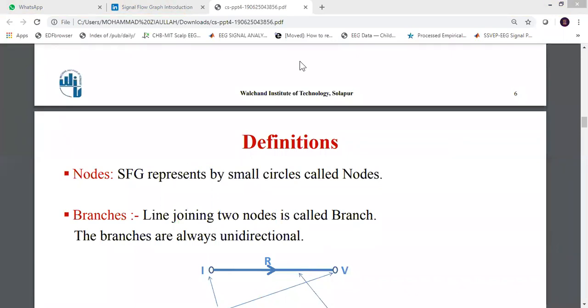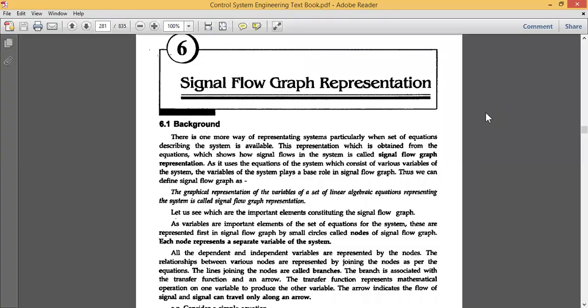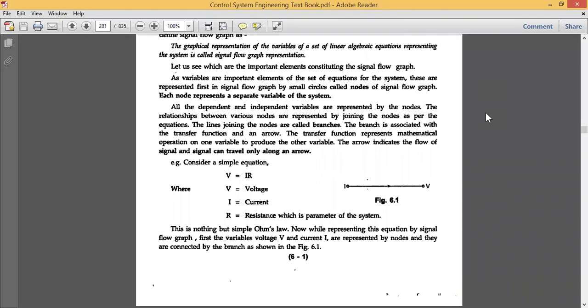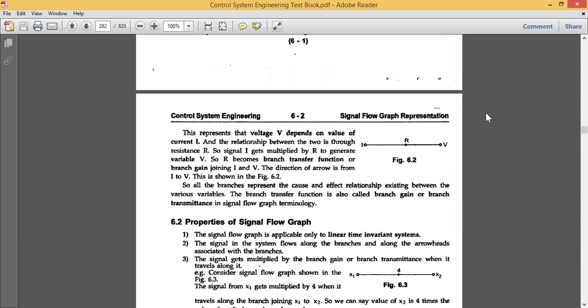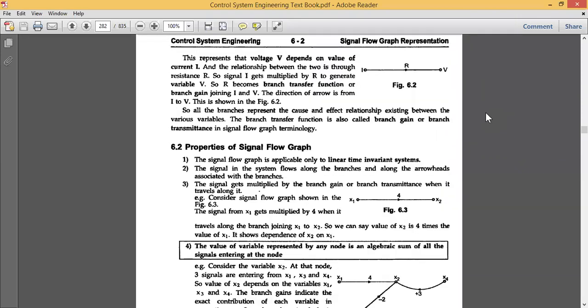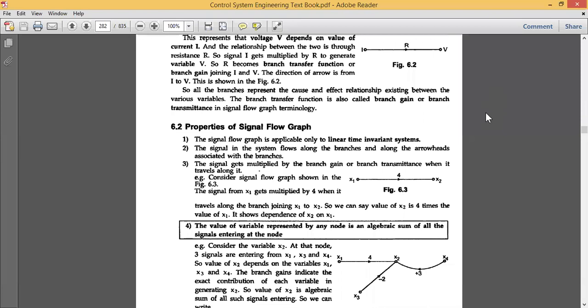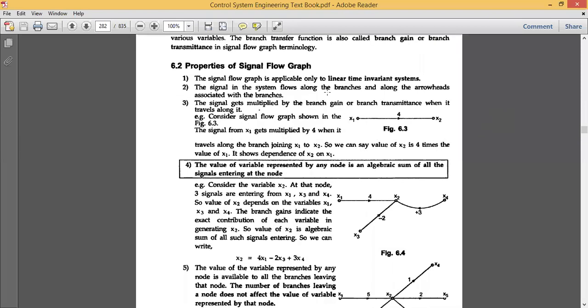I will just show you again. Here you can see that the signal flow graph has some properties. The properties of signal flow graphs are: first, the signal flow graph is applicable only to linear time invariant systems.